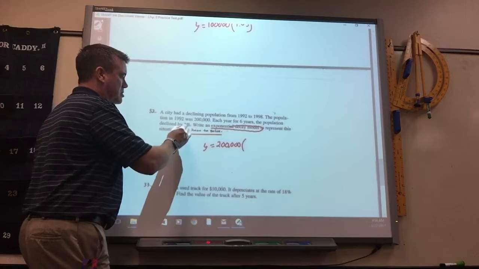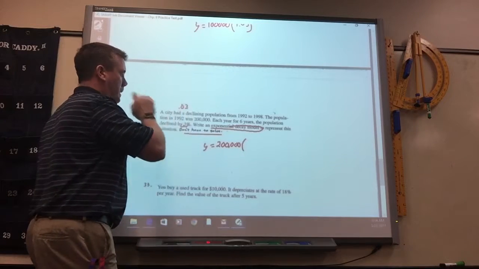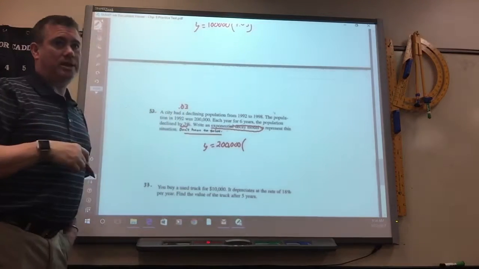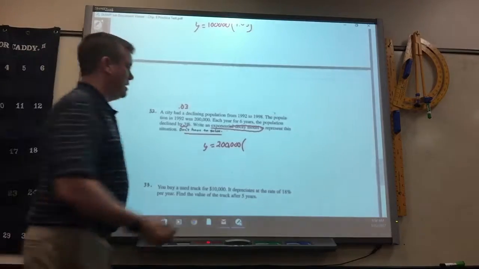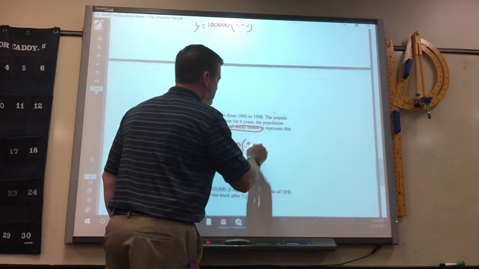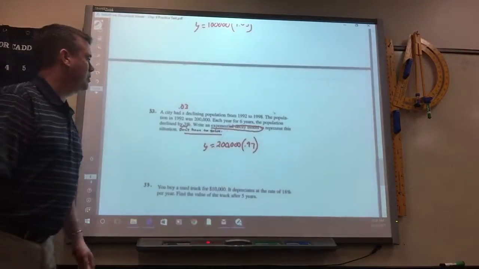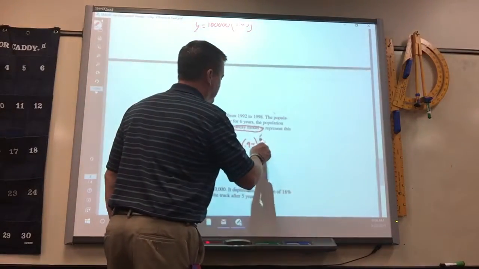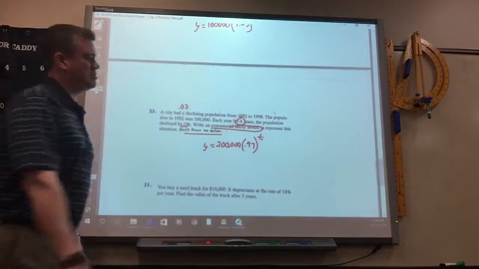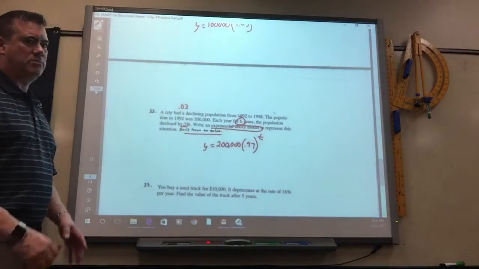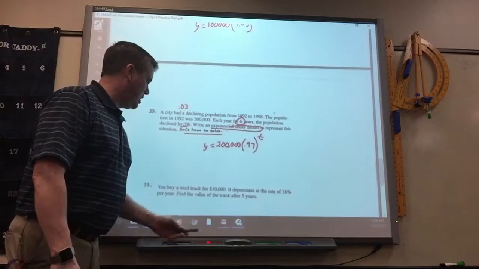The rate is 3%, which is 0.03. So what's 1 take away 0.03? 0.97. Just do it on a calculator if you can't do it in your head. Raised to the T again, or you could put 6, since 6 is in the problem. Again, you don't have to solve that.